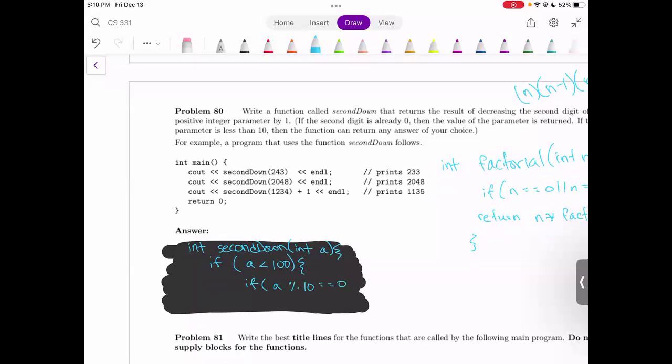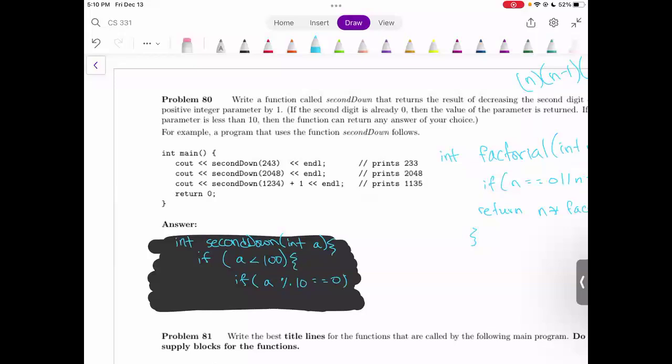And if x mod 10 equals 0, sorry, not if it's a single digit, if it is 0, which I mean, we could do it as 2 separate ones. Yeah, but this is fine. Then just return x, because we don't want to get negative numbers.